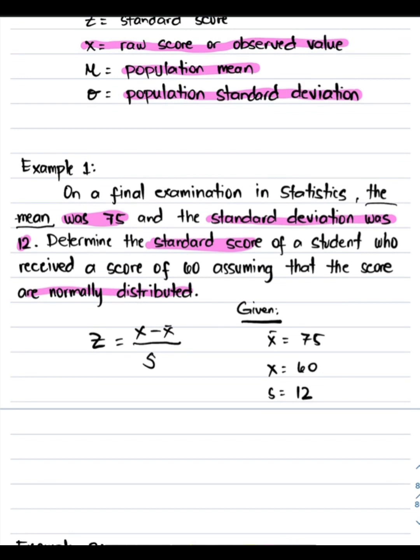Then we substitute. So ang x natin is 60, subtract 75, over 12, equals negative 15 over 12, or negative 1.25.